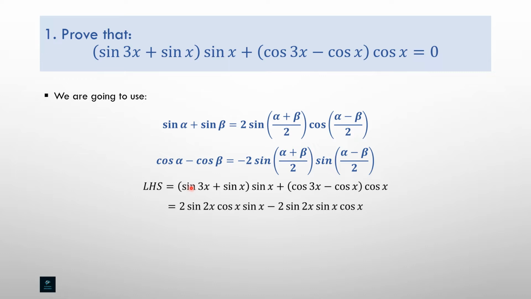Therefore, sin 3x plus sin x becomes 2 sin 2x cos x, and cos 3x minus cos x becomes −2 sin 2x sin x, and these two terms cancel. Therefore, this becomes 0, and this is equal to RHS, which we were going to prove.